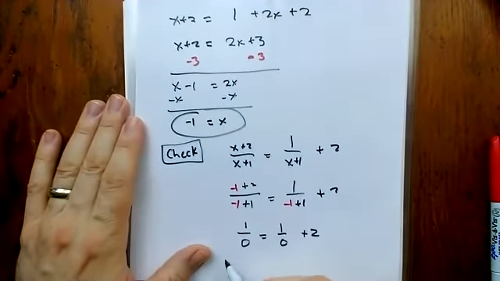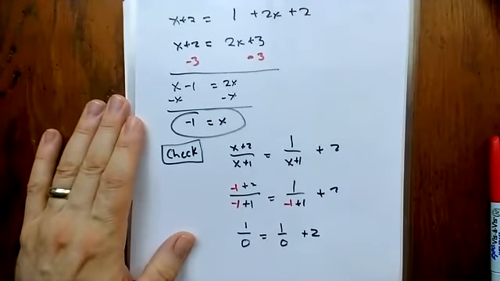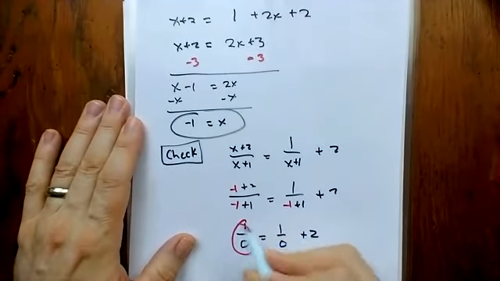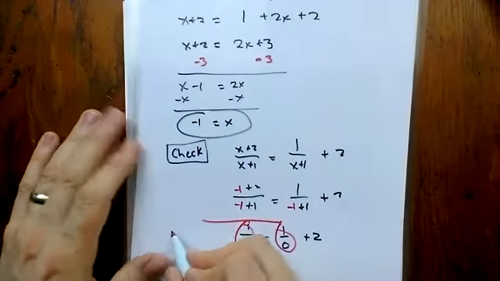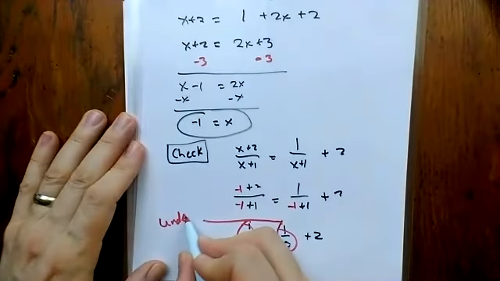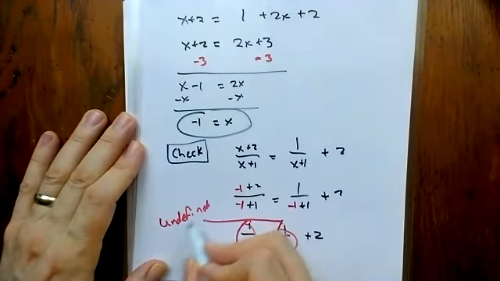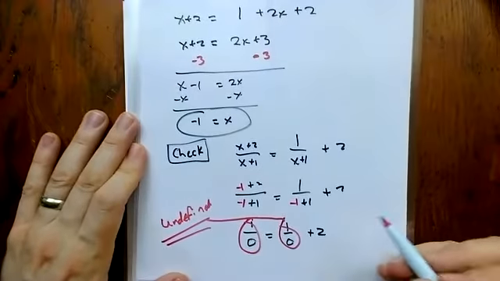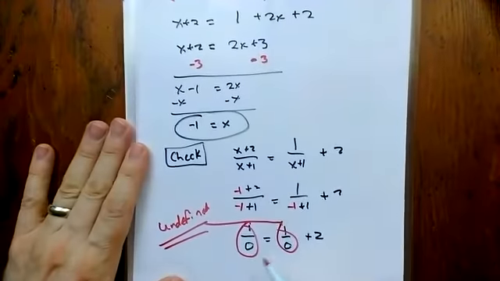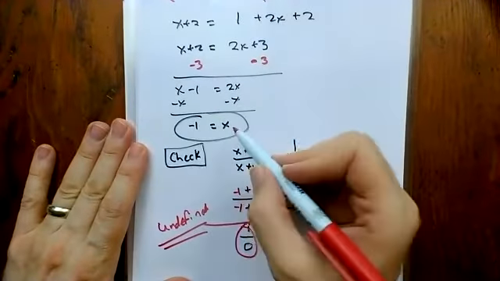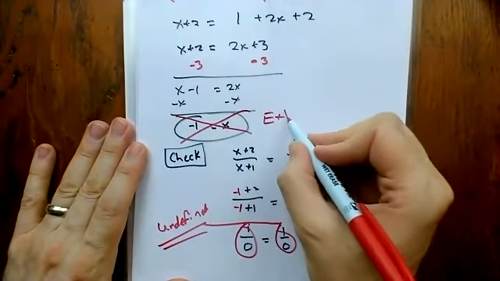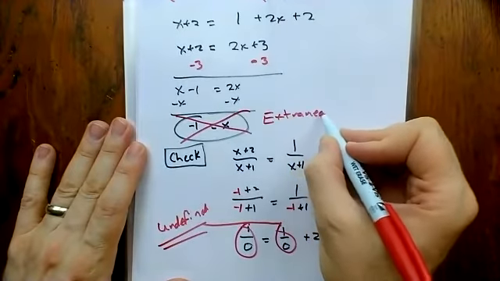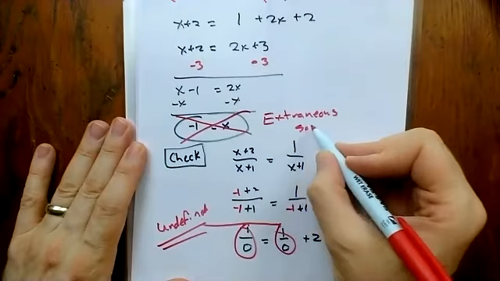And both of these terms are undefined, which tells us that this solution right here is what we call an extraneous solution.